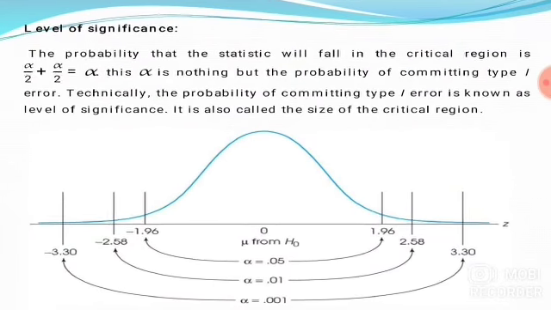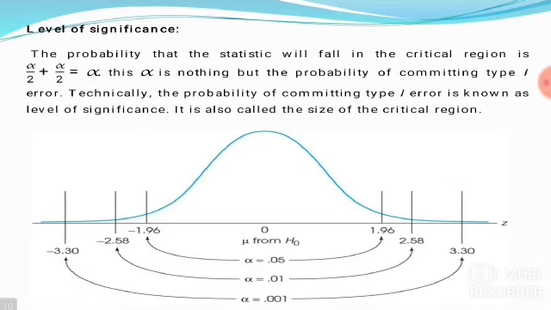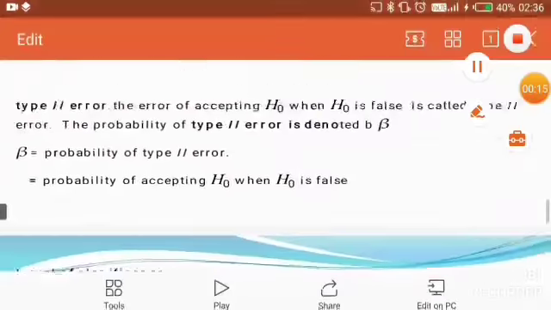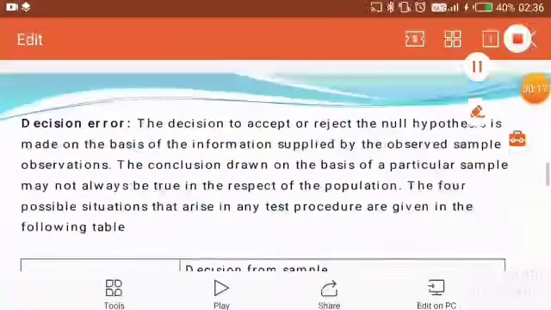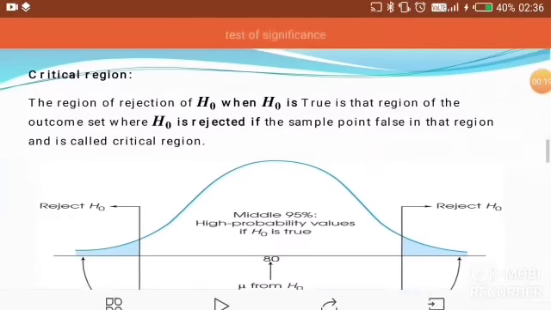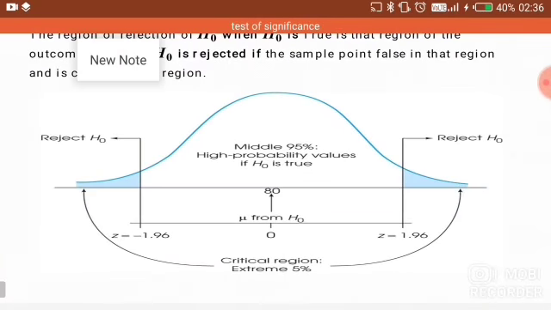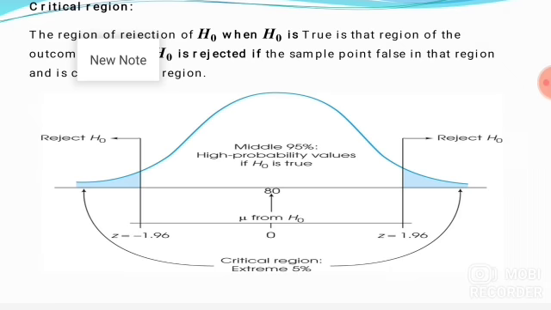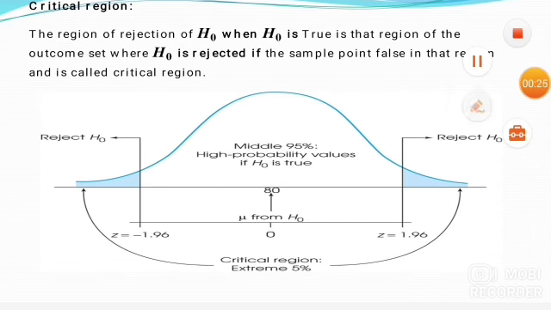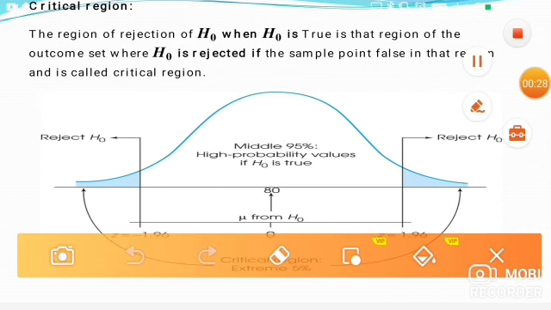Now, what is the level of significance? The probability that the statistic will fall in the critical region is alpha by 2. What is alpha by 2? Look here, dear student, this is one-sided error.